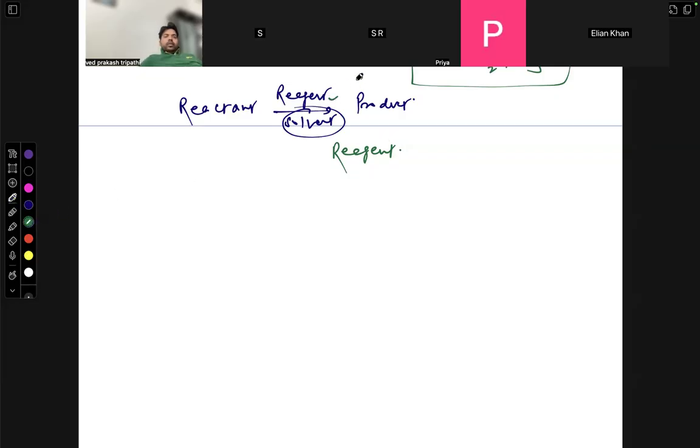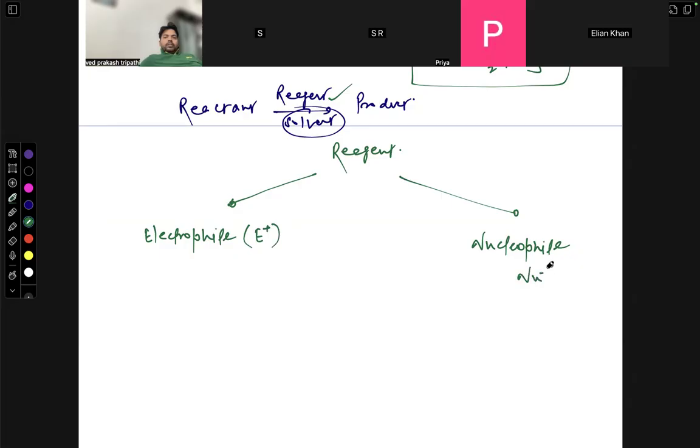Now we are going to move into reagent. Reagent is of two types. Electrophile and a nucleophile. Electrophile we can represent as E plus in short, and nucleophile is Nu minus.